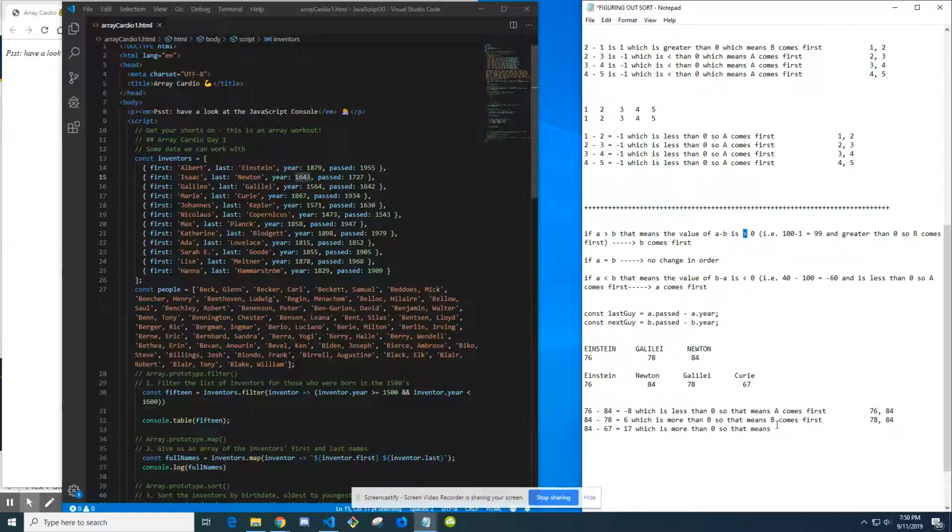So that means B comes first, which is 67. 67 and then 84. So Newton would scoot over because he's last. And Curie would go right there.